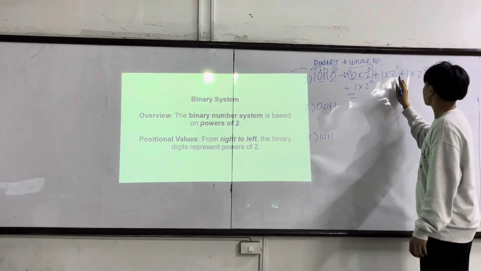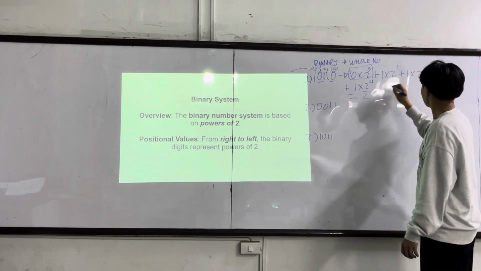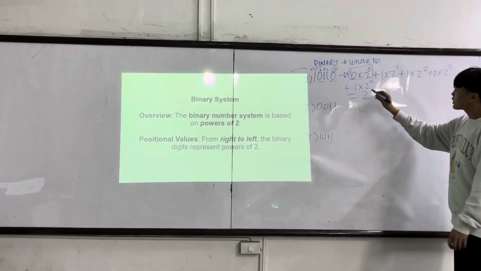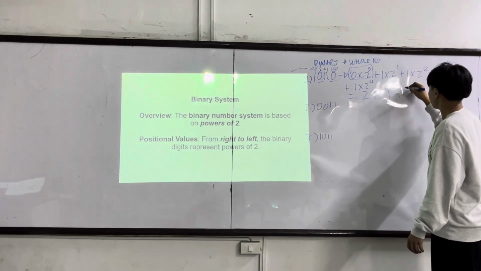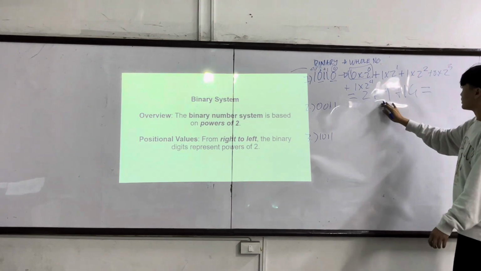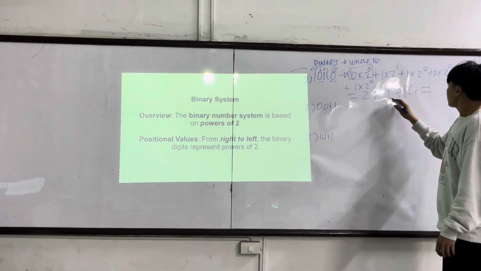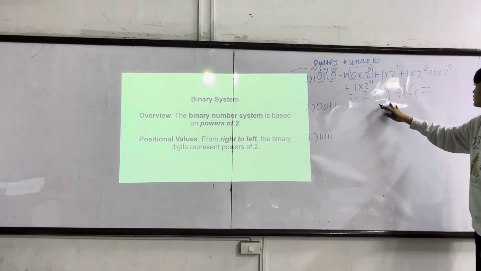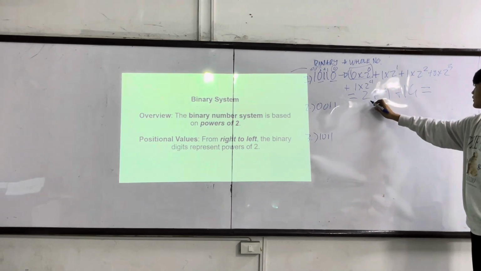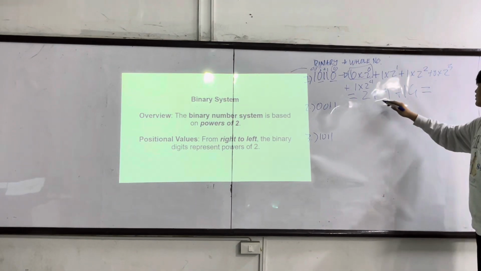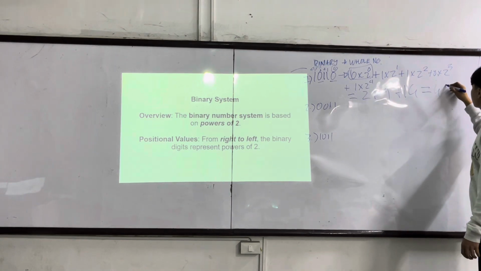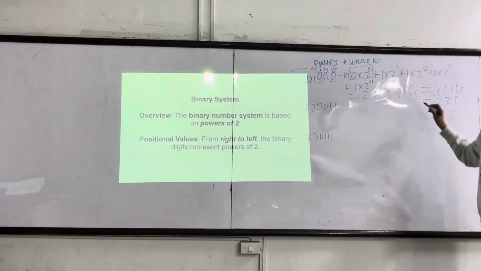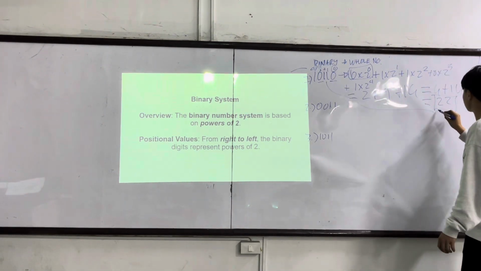So 1 times 2 raised to 1 is simply 2, plus 1 times 2 raised to 2 is 4, plus 1 times 2 raised to 4 is 16. 2 plus 4 plus 16 is 22. So the value of this binary code is 22.